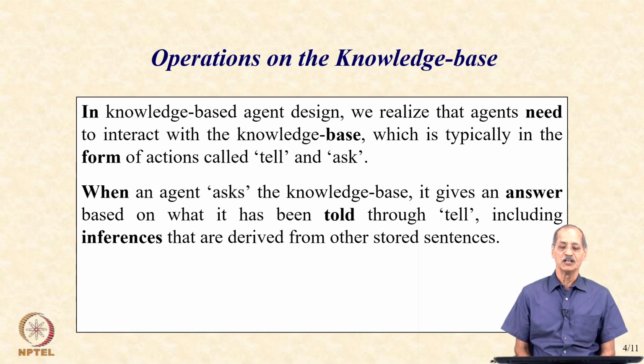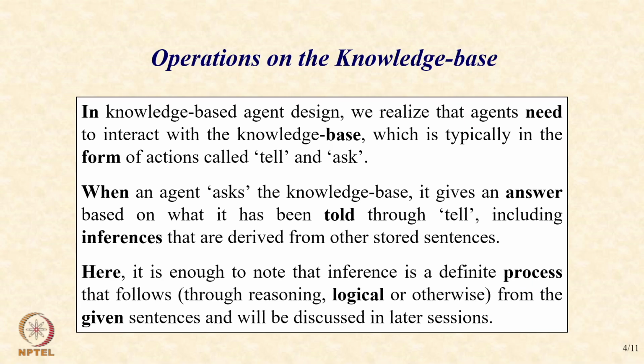So, when there is an action which is equivalent to asking the knowledge base, and an inference has been derived that pertains to the information asked for, it will be provided. It is enough here to note that inference is a definite process that follows through reasoning, logical or otherwise, from the given sentences, and of course, it will be discussed in more detail in later sessions.